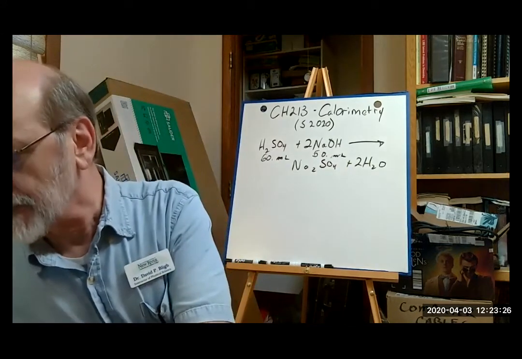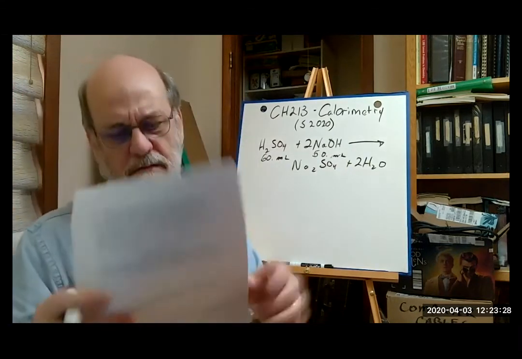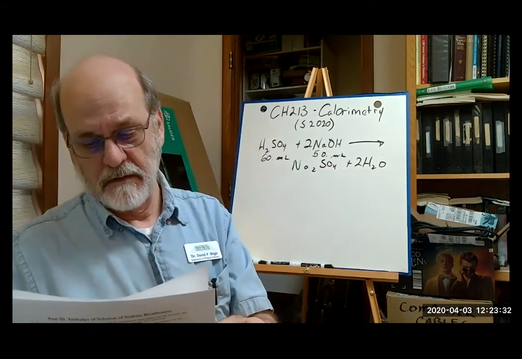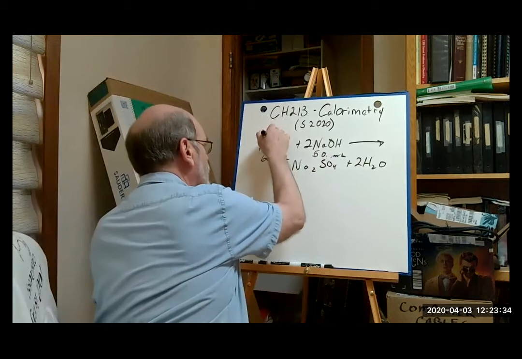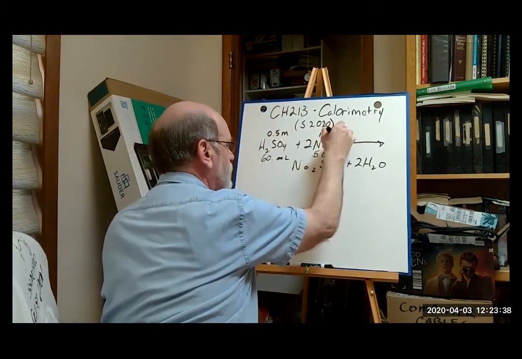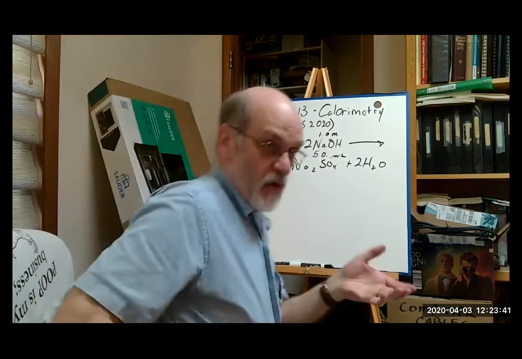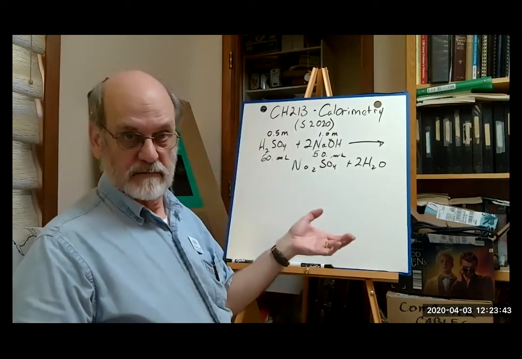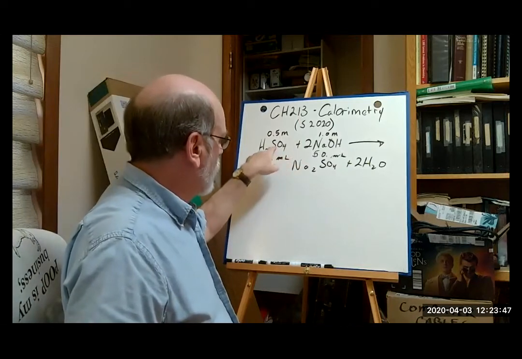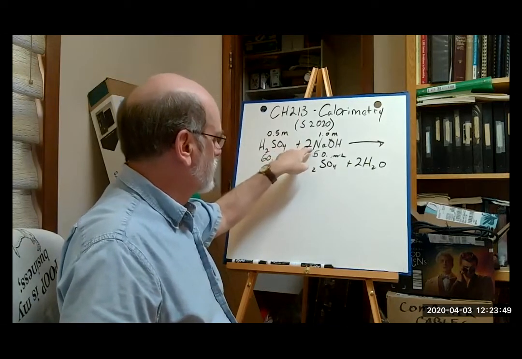This is 0.5 molar, and this is 1 molar. Why is that? We'll look at the relationship. The stoichiometry says for every one of these, you need 2 of those.